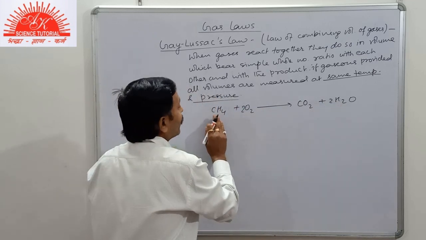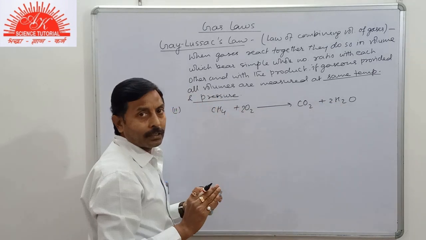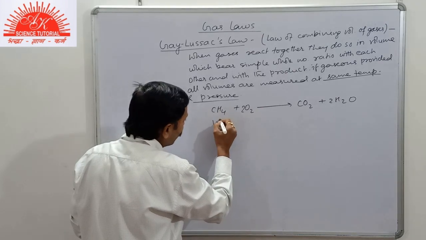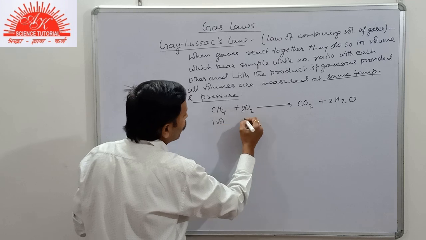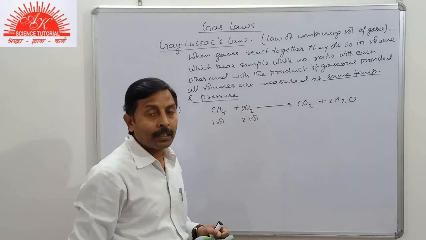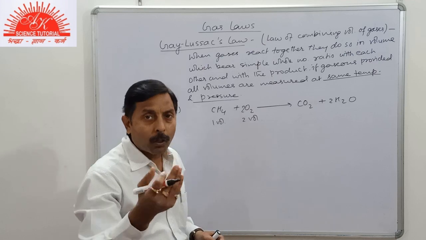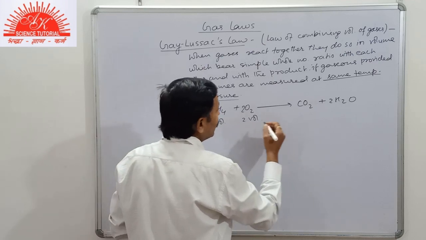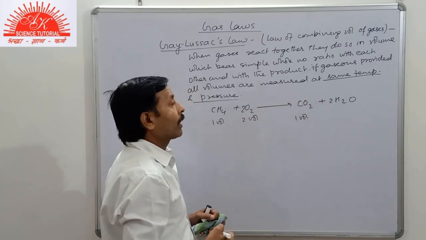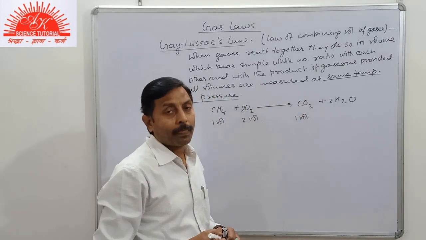Now you see that the reactants are gaseous, there is no doubt. So its volume will be written as one volume, two volumes, meaning one volume of methane reacts with two volumes of oxygen. As a result, it gives one volume of the product carbon dioxide.